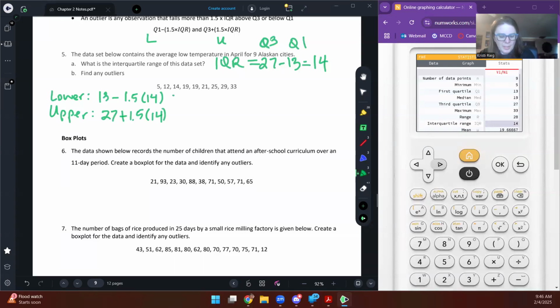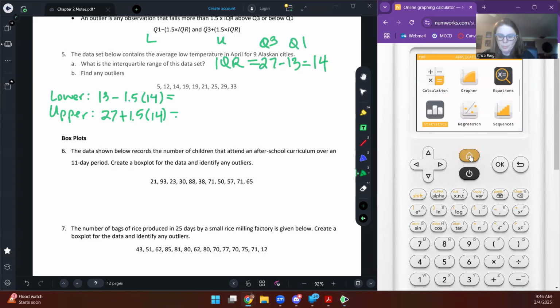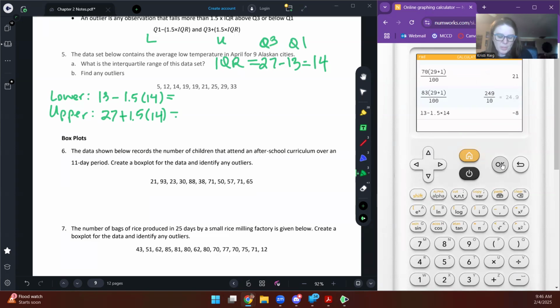Okay, so to calculate both of these, I'm going to go back home to my calculation, and I have 13 minus 1.5 times 14 to get negative 8. And that's okay, that's negative.